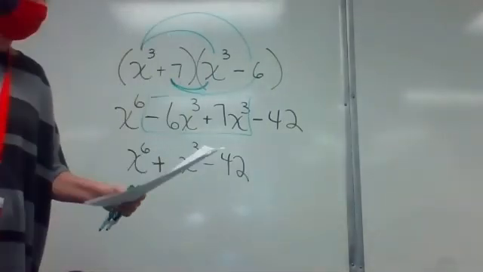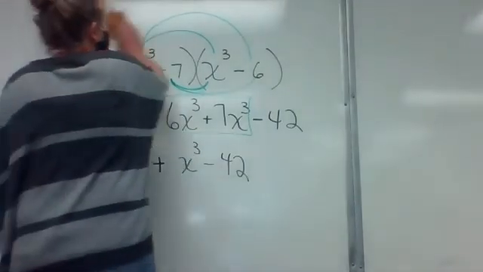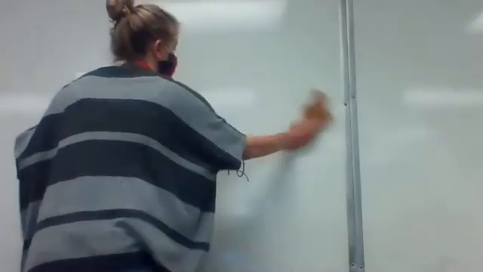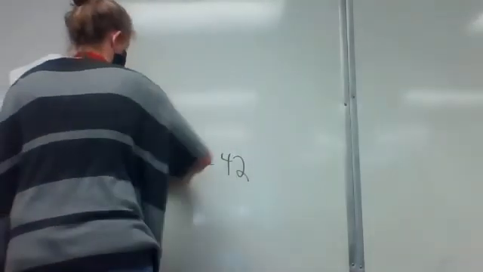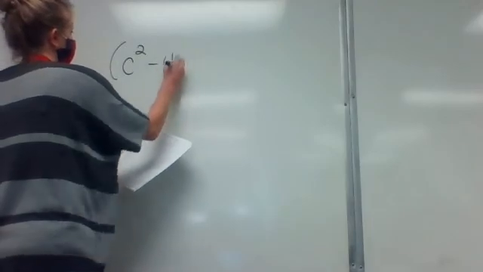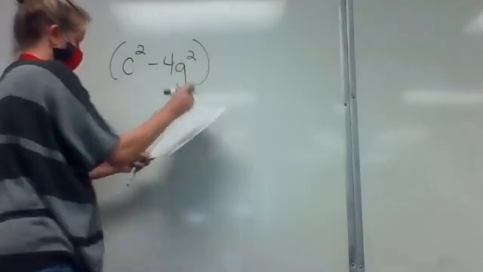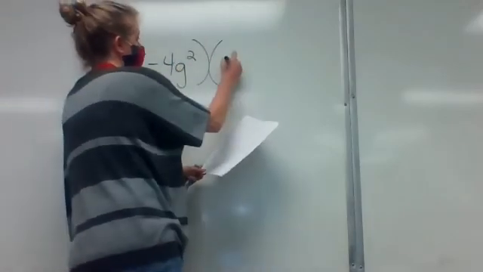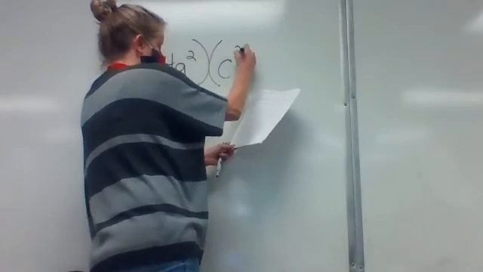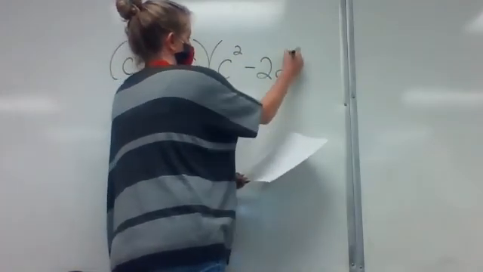All right, last one, number 23. I've got c squared minus 4g squared times c squared minus 2g squared.